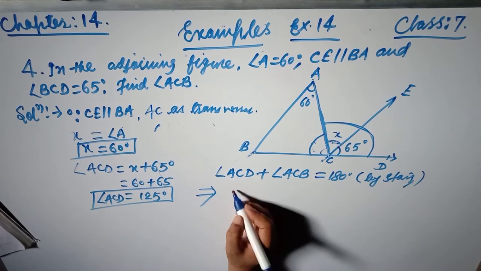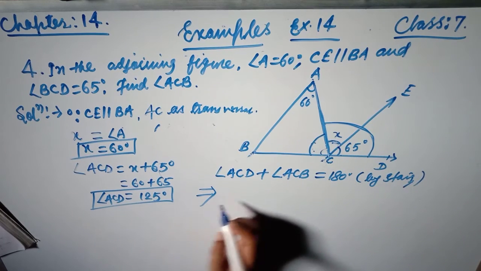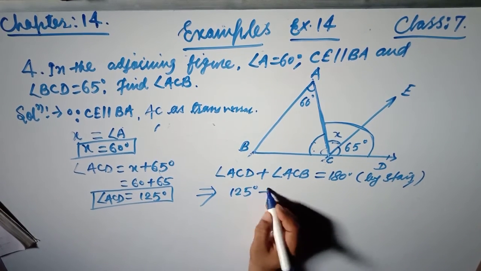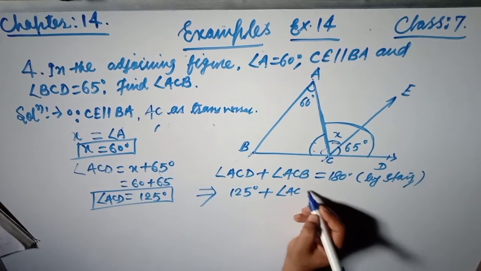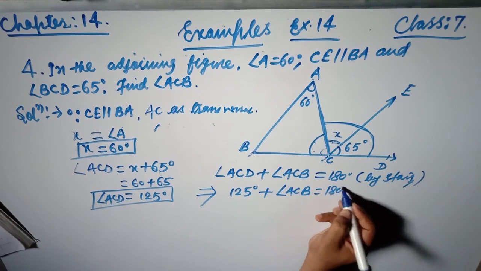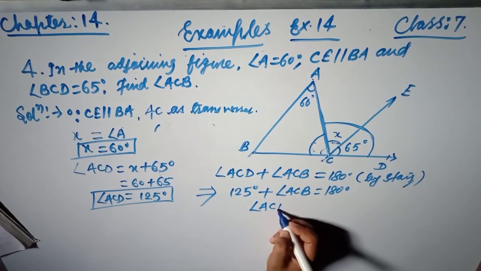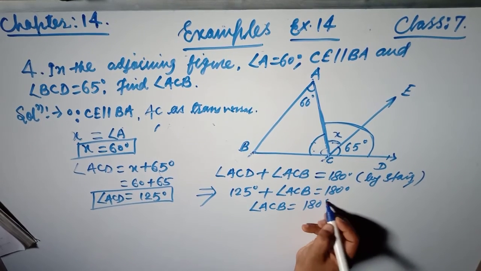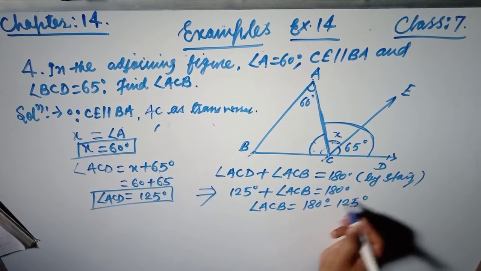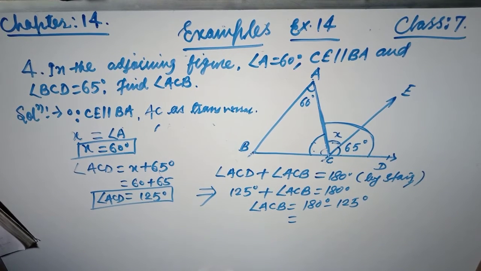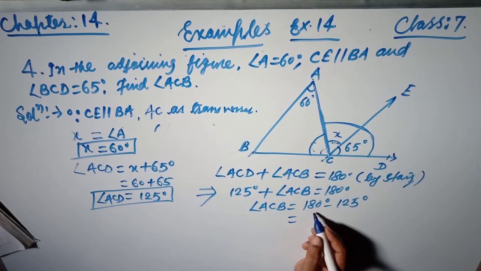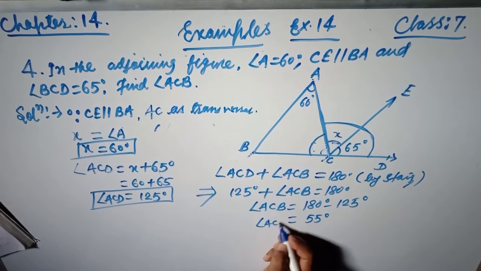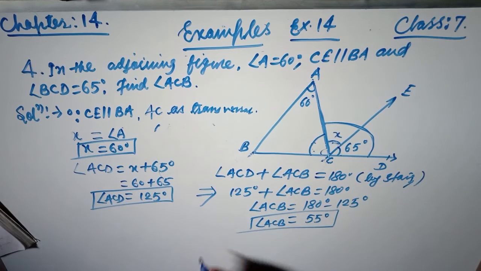So ACD, 125, plus ACB, which we have to find, is 180. So angle ACB is equal to 180 minus 125, which is 55. So angle ACB is equal to 55 degrees. This is the answer.